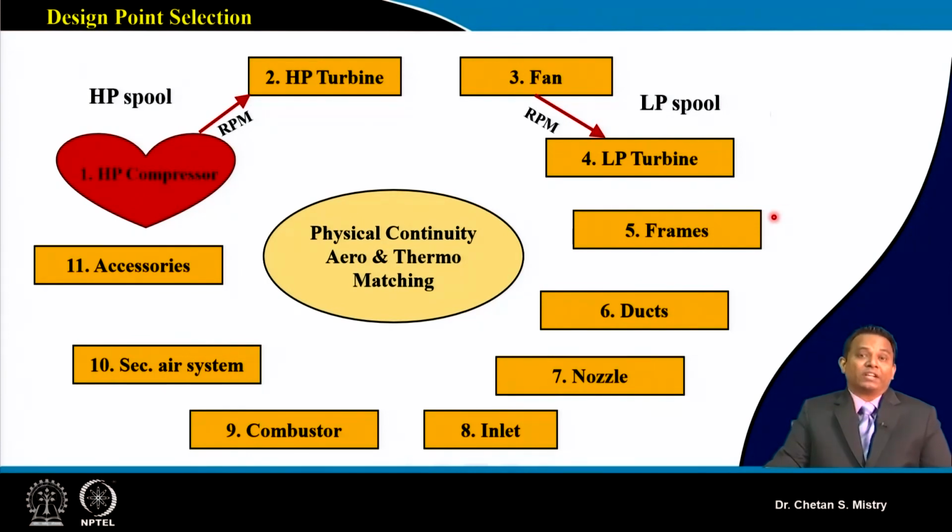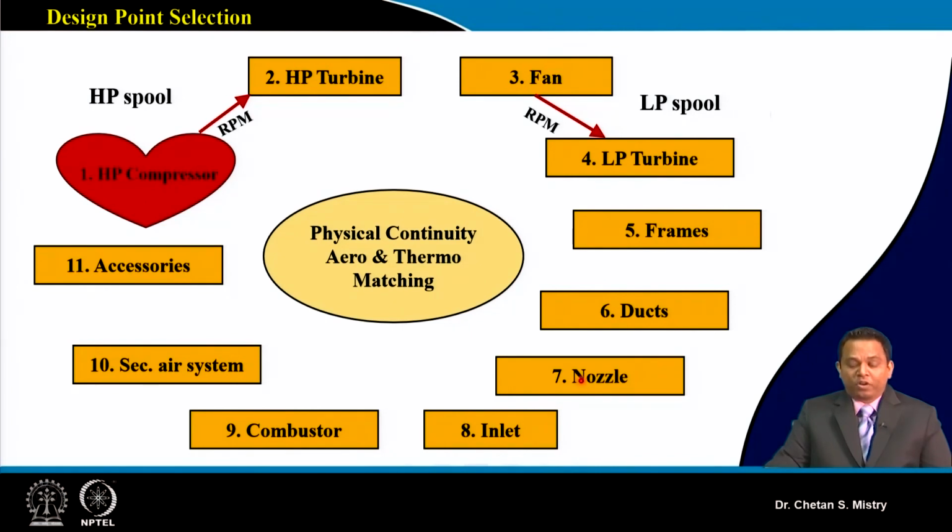We are looking at ducting. The LP spool and the HP spool are connected at different diameters, where we want frictional losses to be lower, and we want flow uniformity at the entry of the HP compressor. Under that condition, the ducting design comes into the picture, especially for the compressor. This is equally applicable for the turbine also. If I consider the HP turbine and LP turbine, there also will be a difference in radius, and that will be taken care of by these ducts.